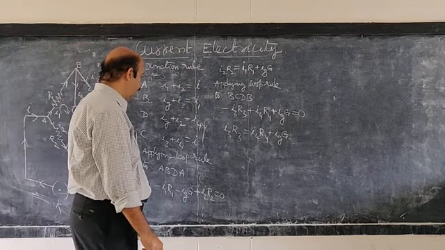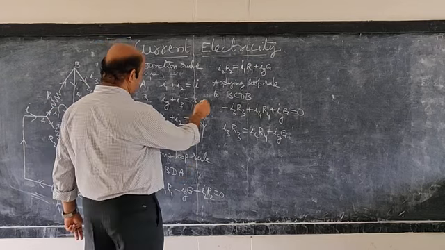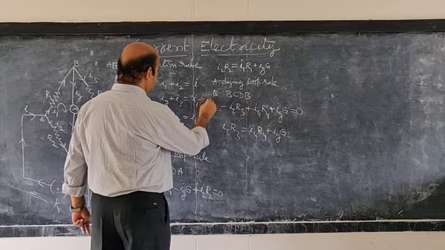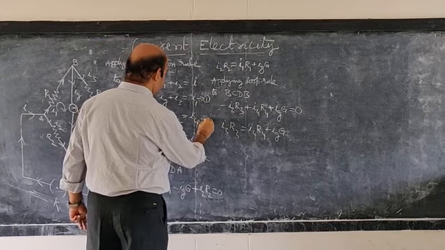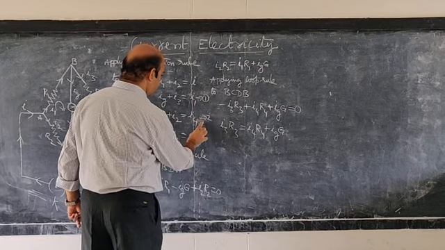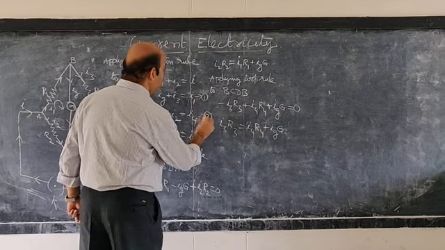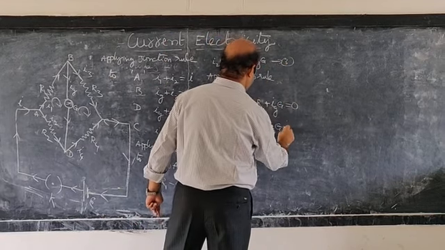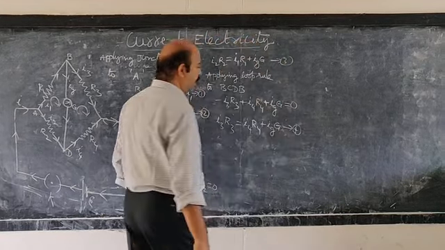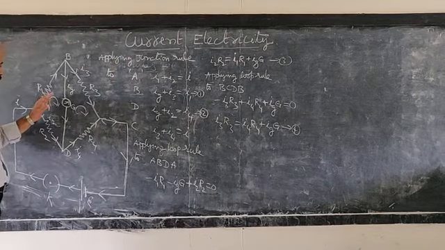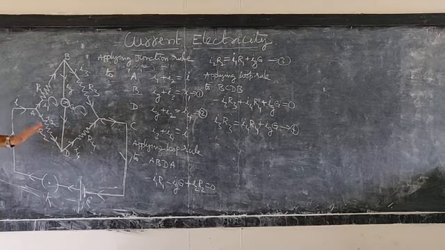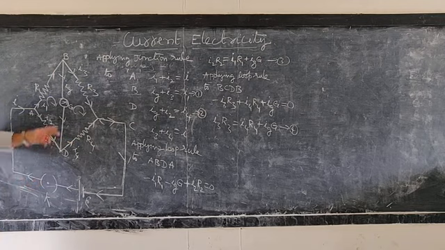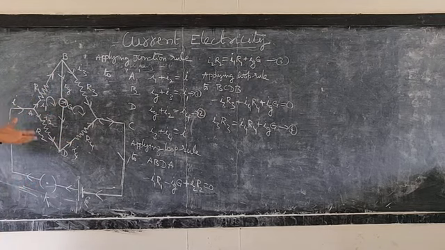Now let us give some numbers. Let us call this equation 1, this equation 2, this 3, and this 4. Now these resistances are such that they are adjustable, so we can say they are nothing but resistance boxes.